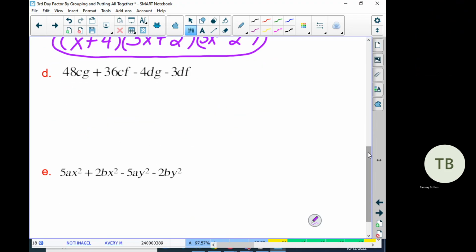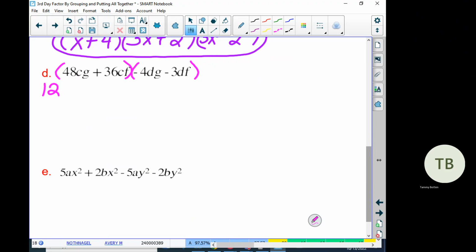Okay. So this one, if we look, we can factor these 2 together and these 2 together. So I have to look at what's the biggest number that goes into 48 and 36. You guys know a big number that goes into both of those? 12. 12 is correct. 2 does, 4 does, 3 does. 6 does too.